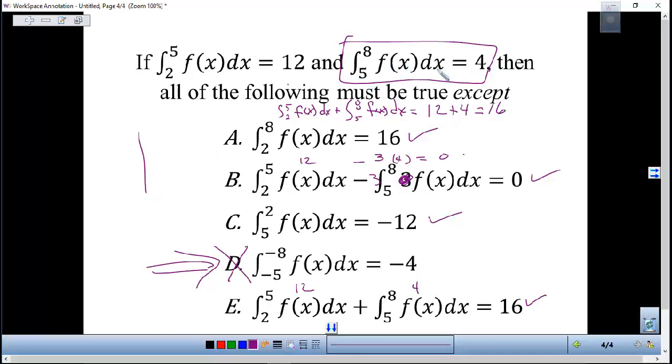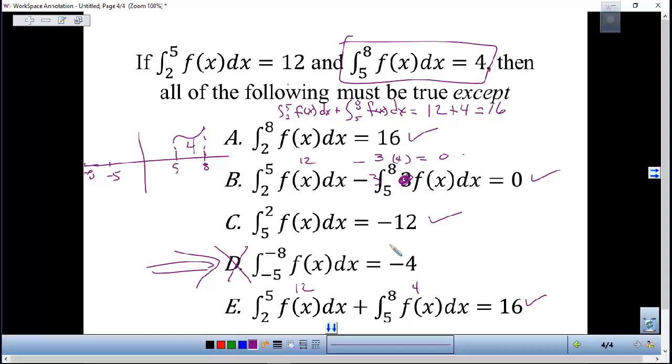When we go from 5 to 8 and find the area under some curve that's up here, this area equals 4. And what this is saying is that if we go from negative 5 to negative 8, we're going to get just the negative value.